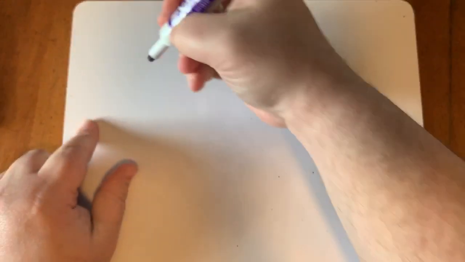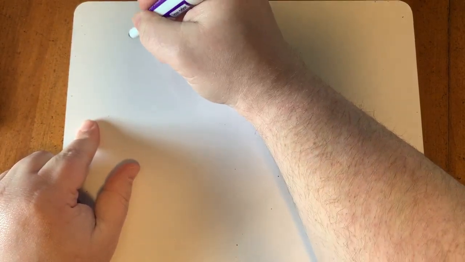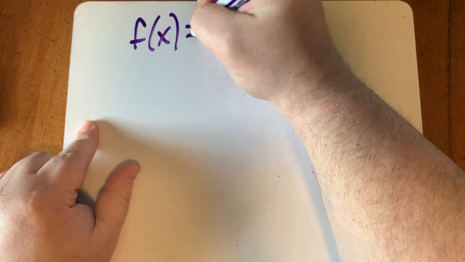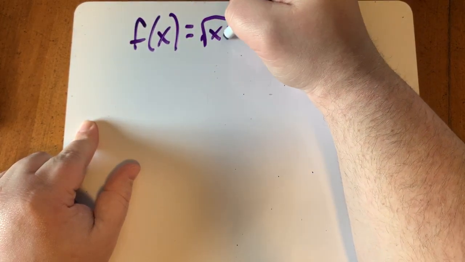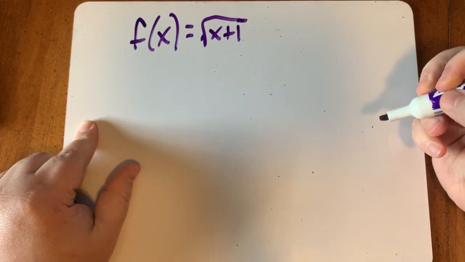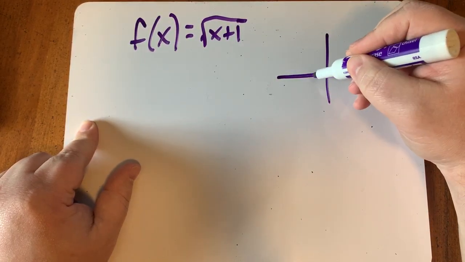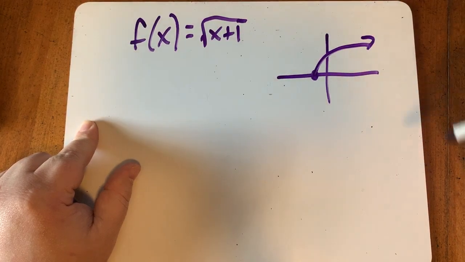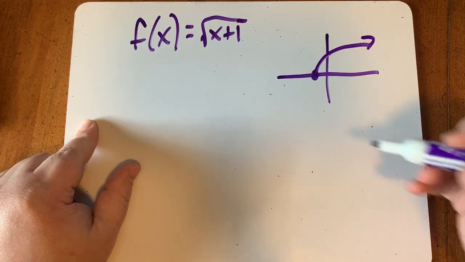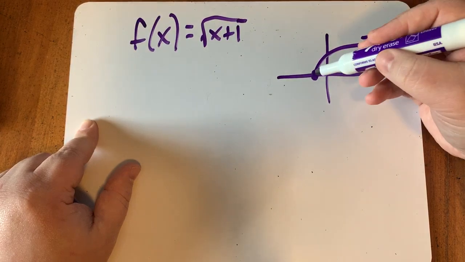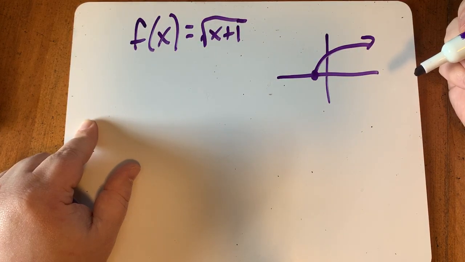This brings us to our first tricky case. Let's say f of x was the square root of x plus 1. So the graph of this is that. Now, negative 1 is part of our domain.